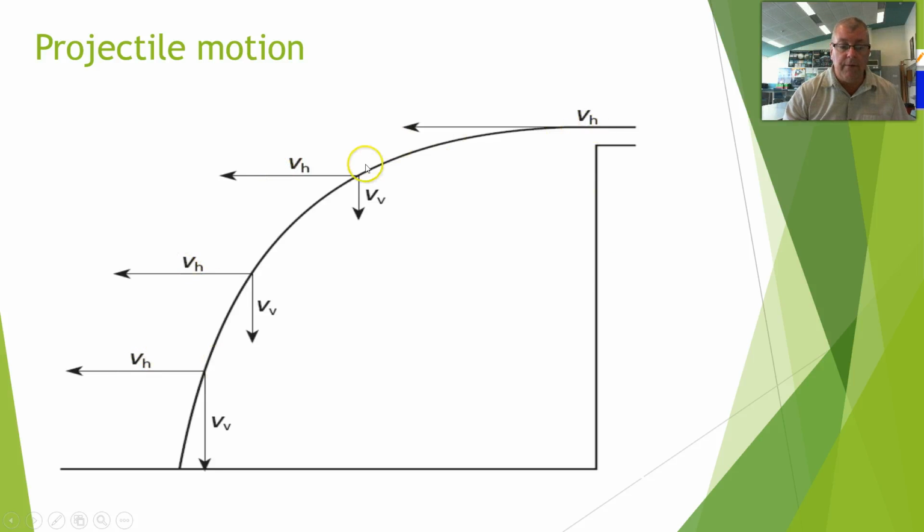It is, however, the vertical motion or the vertical velocity that changes and increases exactly the same as if we had dropped it and had just vertical motion. And so projectile motion is a combination of the horizontal motion and the vertical motion.